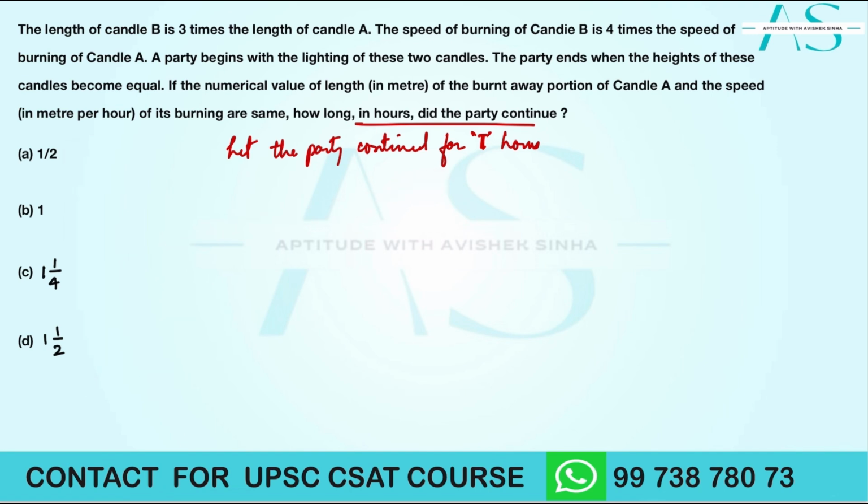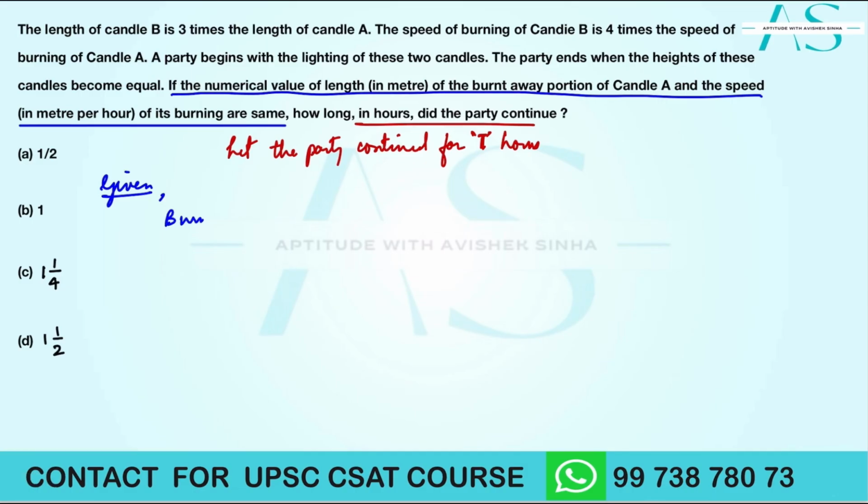Now, ये डेटा है यहाँ पे, but what if we specifically focus on this particular data? क्या equal है given in the question that the burnt away portion of candle A is equal to the speed of burning of candle A, है ना?